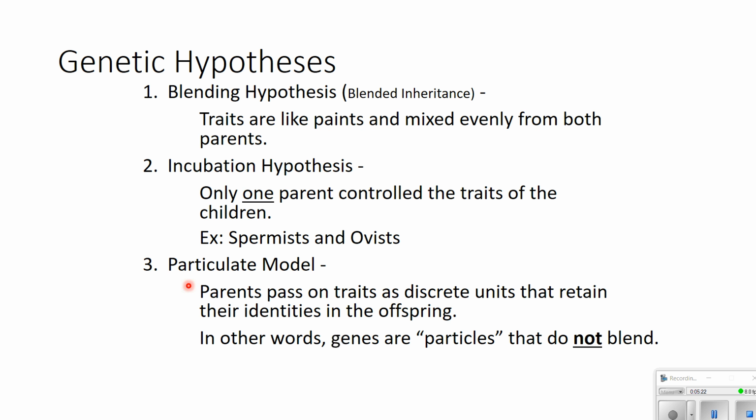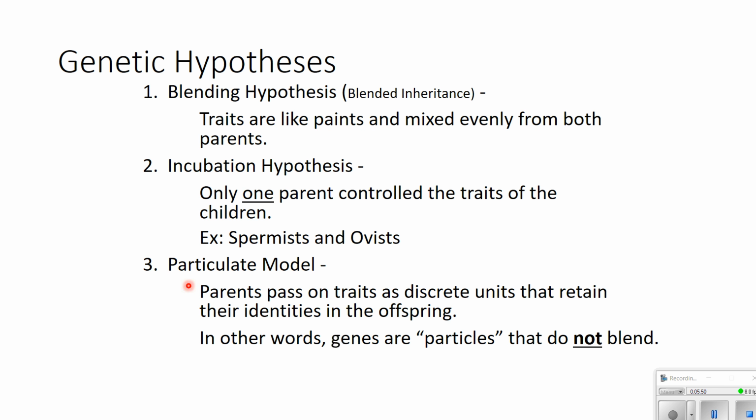they kind of blend like paint, almost like if you took black paint and white paint and mixed it together, you get gray. Or if you take blue paint and yellow paint and blend it together, you'll get green. So the idea was that if a tall father marries a really short mother, all of their children will be medium height.